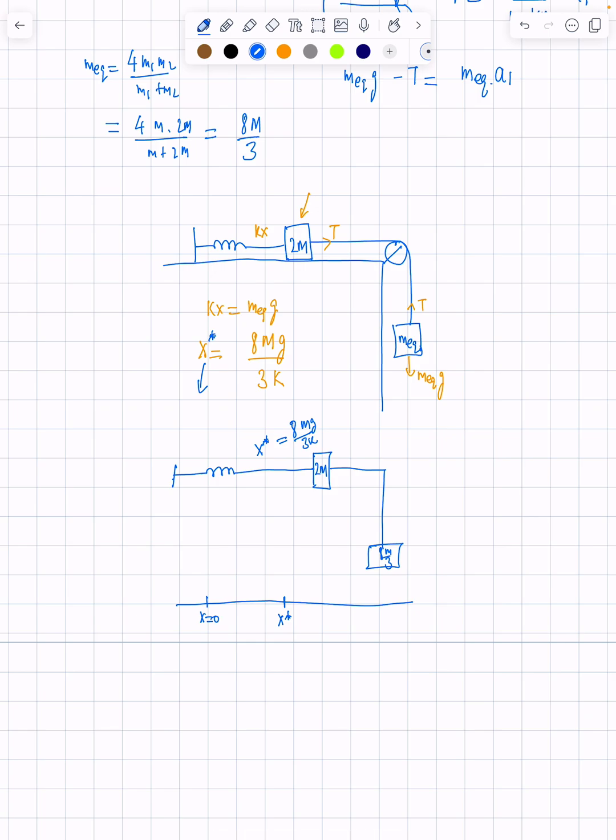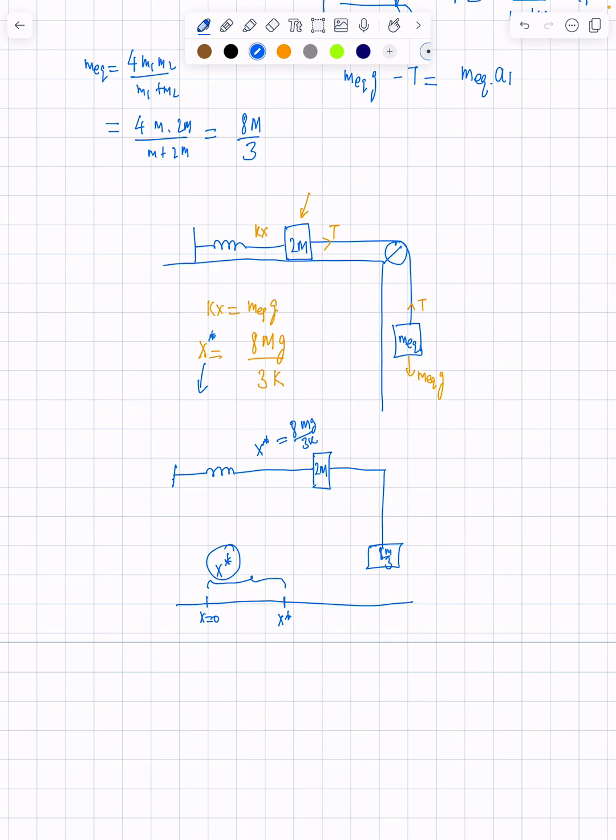It means the system was x star distance away from its equilibrium position, and this becomes the amplitude of the oscillation.